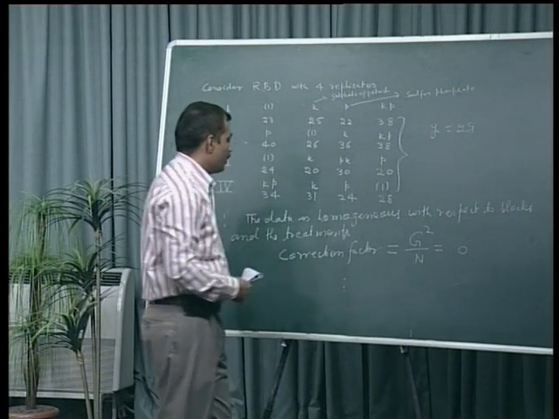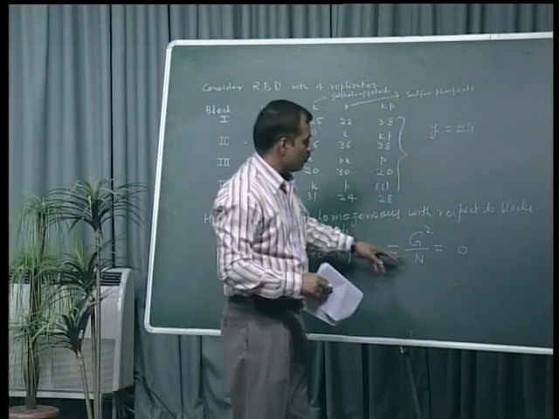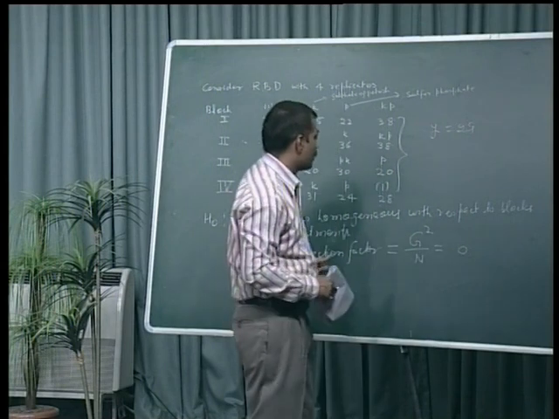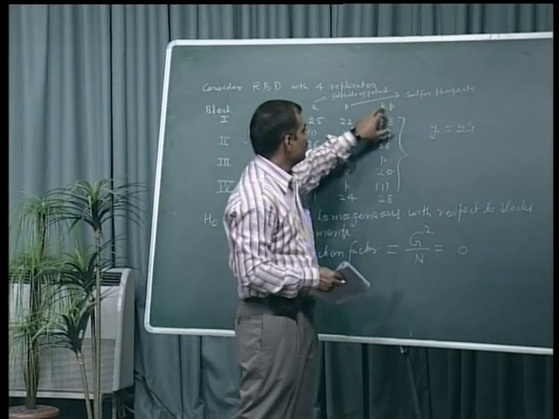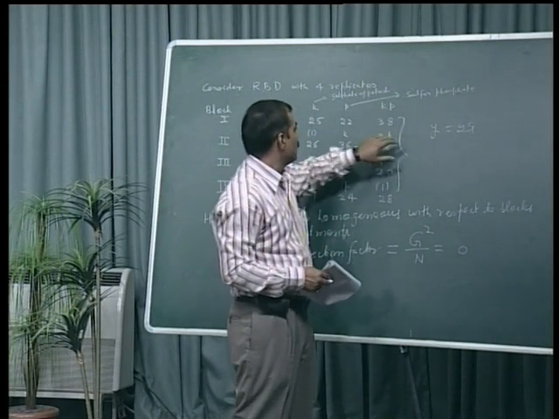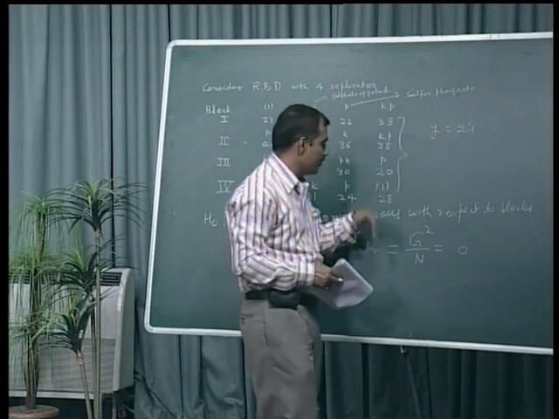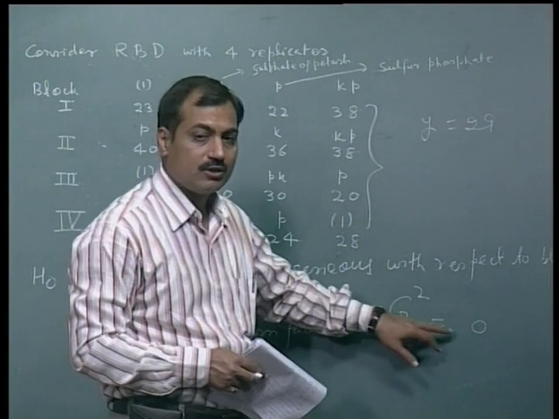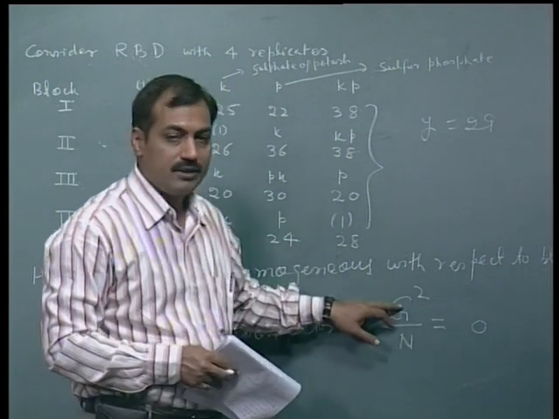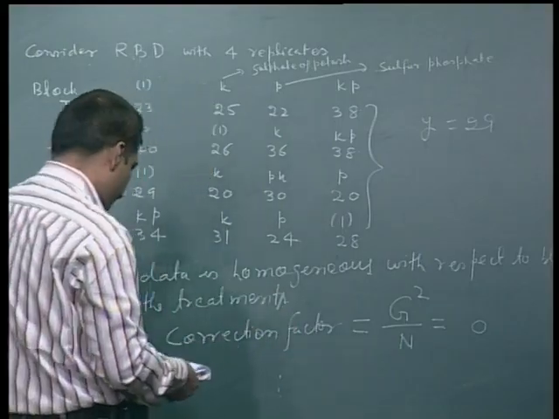We reduce all these values by taking y equal to 29 and then apply Yates method, and we get G square over n equal to 0, because G is 0 for this experiment.